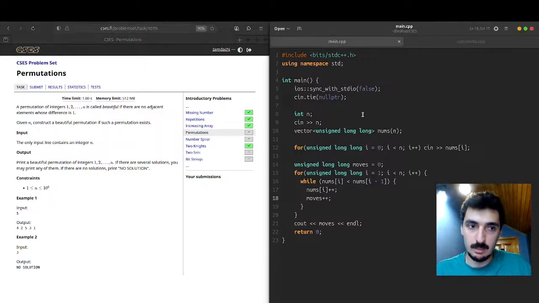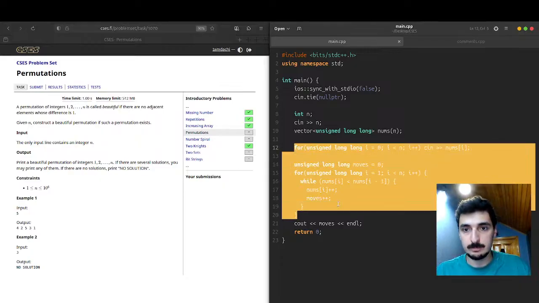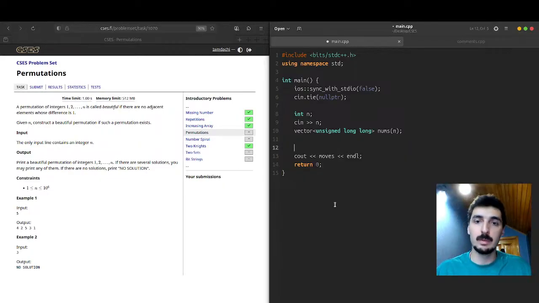Yeah, this is an even easier problem, I think. Probably. Who knows?